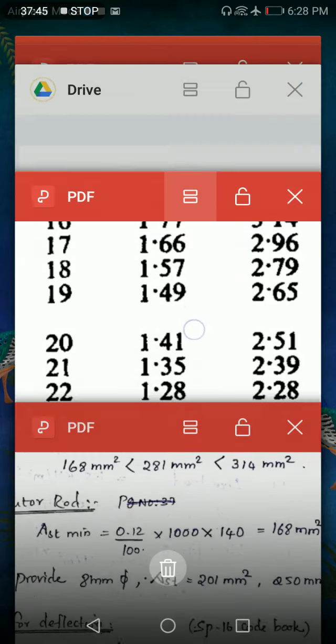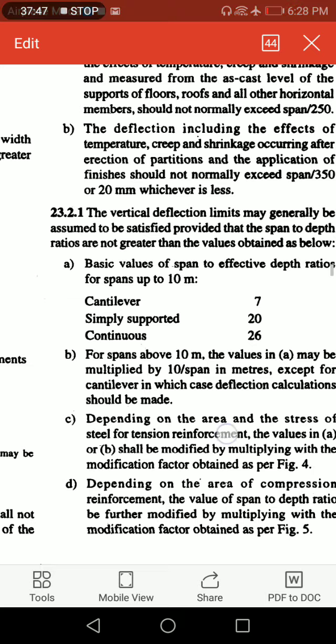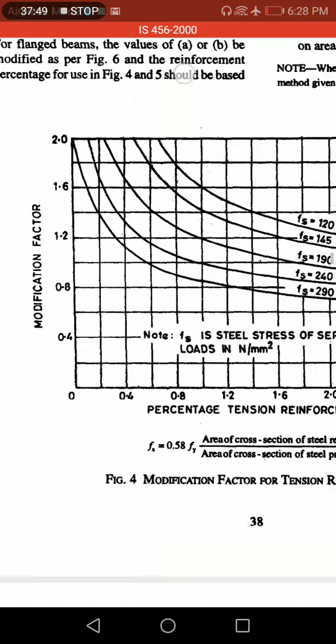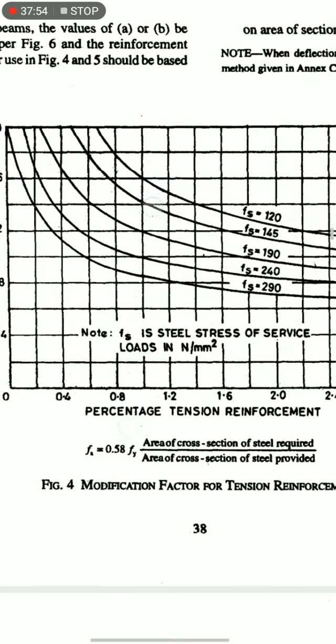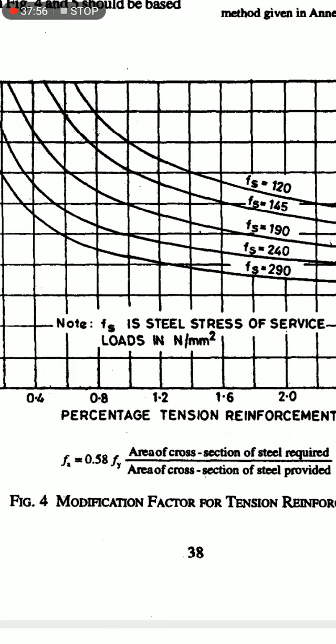Therefore we calculate the FS value according to this formula: 0.58 fy into AST required by AST provided. Applying the main reinforcement AST required and AST provided, we get the FS value, which is near the FS value given in the graph.